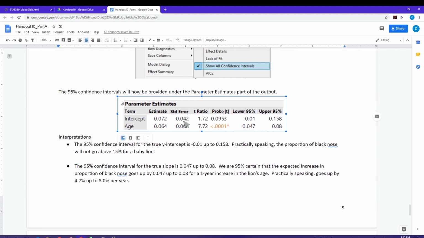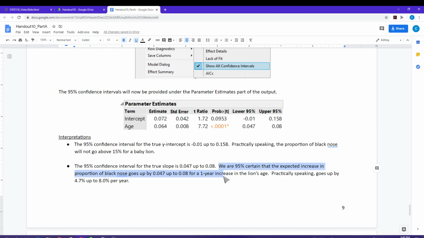If we look at the confidence interval for the slope, this is going from about 5% up to about 8%. So we are 95% certain that the expected increase in the proportion of black nose is going to go up by about 5% to 8% for a 1-year increase in the lion's age.